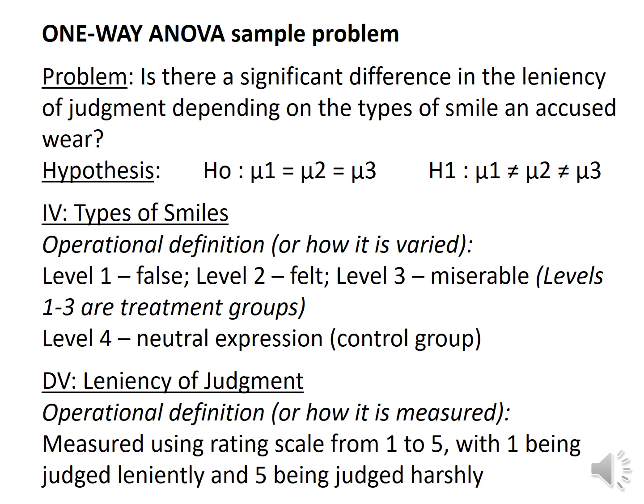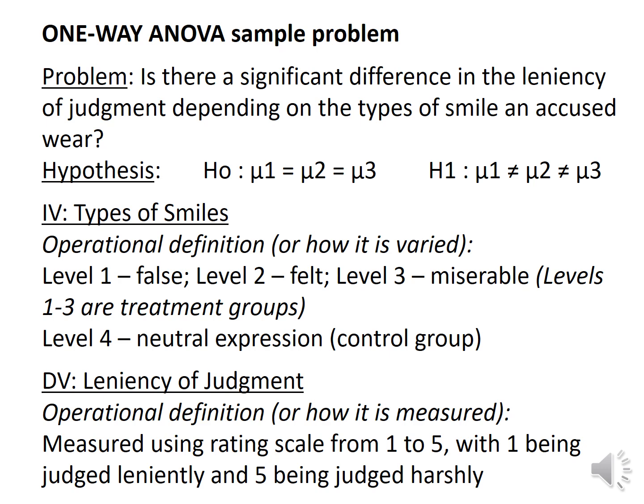So, going back to the problem, let's identify our independent variable and our dependent variable and how we will apply the levels. Our independent variable is the source, the cause, or the preceding factor, and for this scenario it is the types of smile.